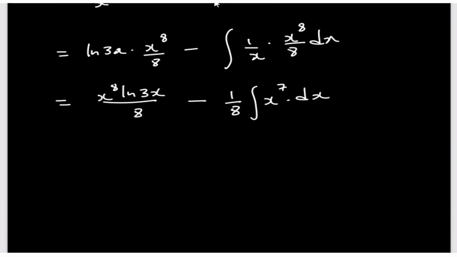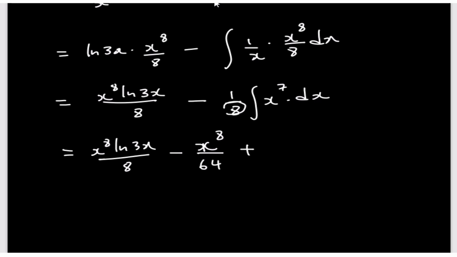Now x exponent 8 ln 3x over 8 minus 1 over 8 times the integral of x exponent 7, which will be x exponent 8 over 8. That over 8 and this over 8 becomes 64, plus c. Okay, and we are done.